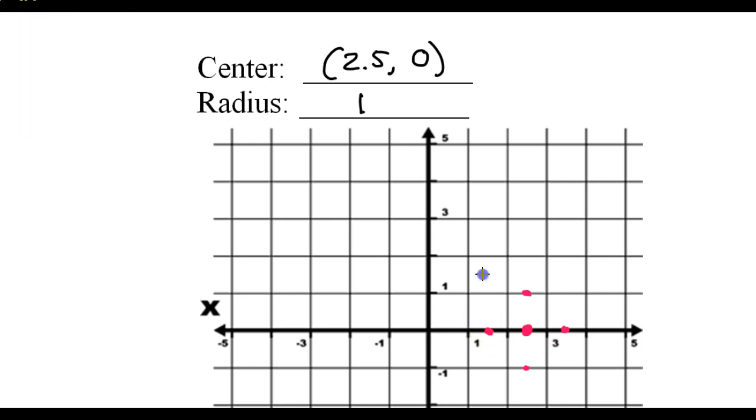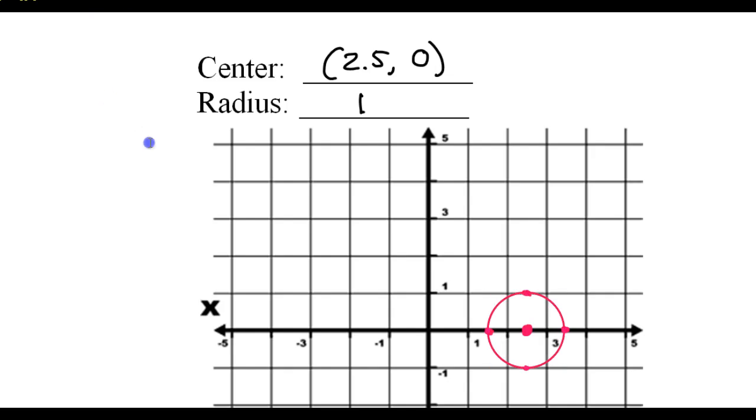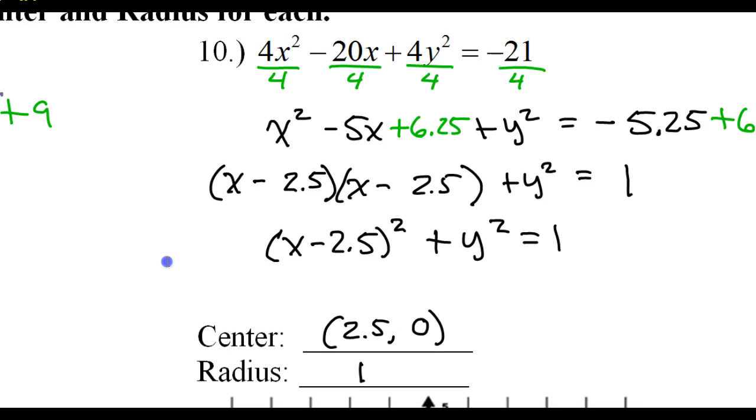All right, can I draw a circle this small? I just don't know. It's pretty good. All right, so that's what that should look like. So number 10 was a little tricky, but there you go.